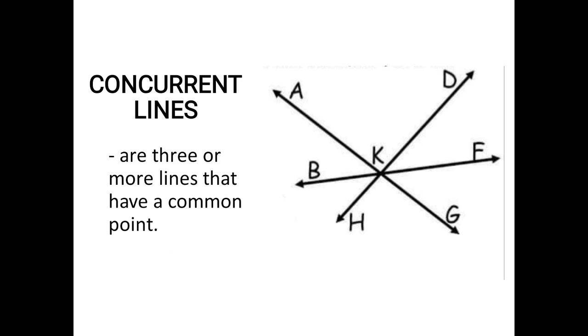Concurrent lines are three or more lines that have a common point. For example, on the right side, line AG, line BF, and line DH are concurrent lines and intersect at point K.